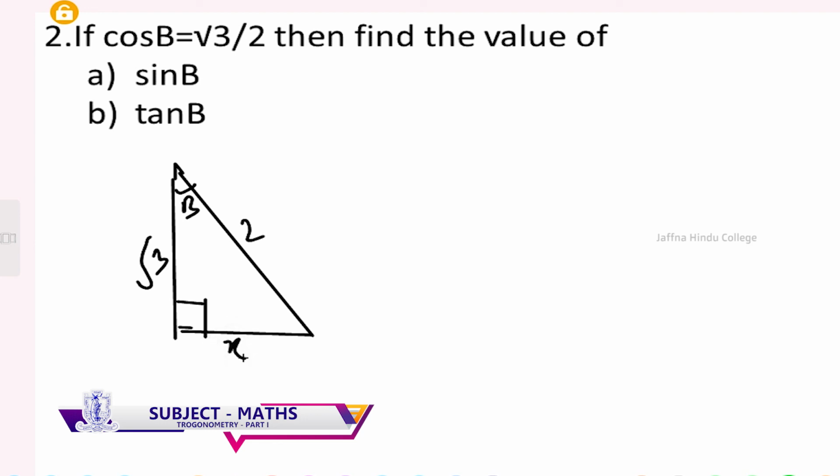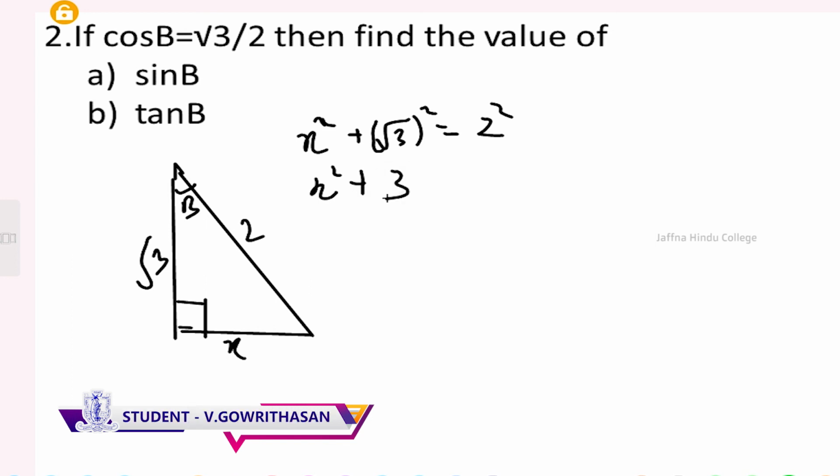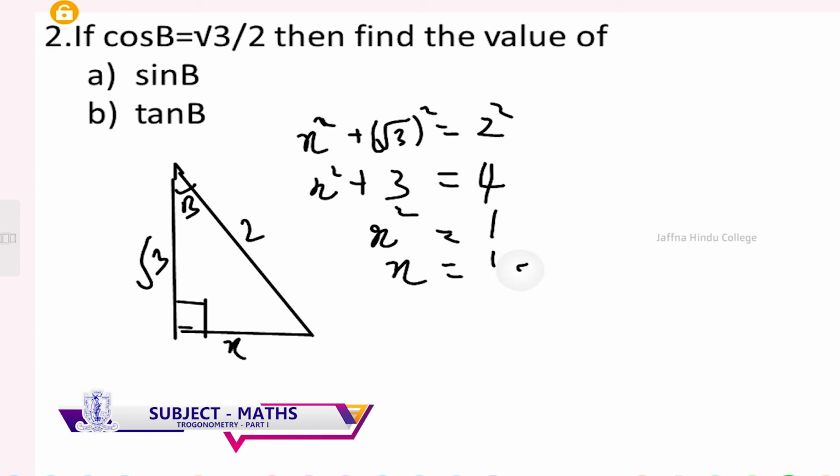Let us take this side length as x. x squared plus root 3 squared is equal to 2 squared. Therefore, x squared plus 3 is equal to 4. x squared is equal to 1. Therefore, x equals 1 centimeter, so this side is equal to 1 centimeter.